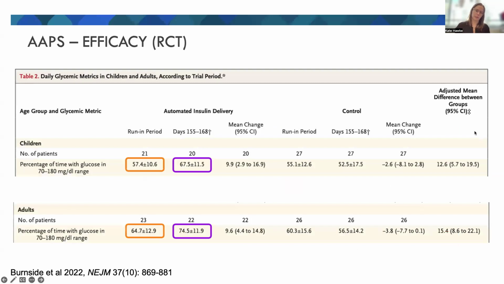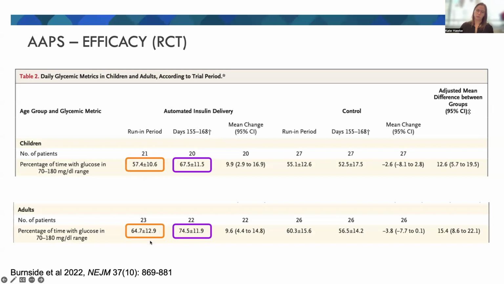In terms of randomized controlled trial data, there have been 2 RCTs examining aAPS. That's the only open source system with published RCTs. And this is the largest one, published in the New England Journal in 2022 out of New Zealand. And you can see that as a baseline, we had the children prior to being on their automation were at 57% and brought up to 67% once they were using aAPS.